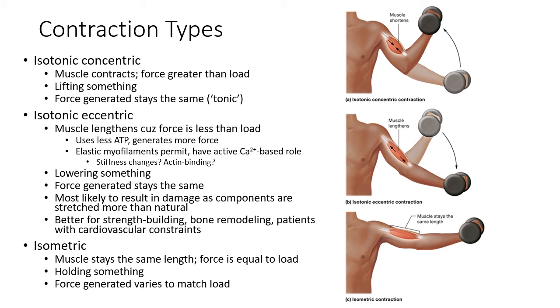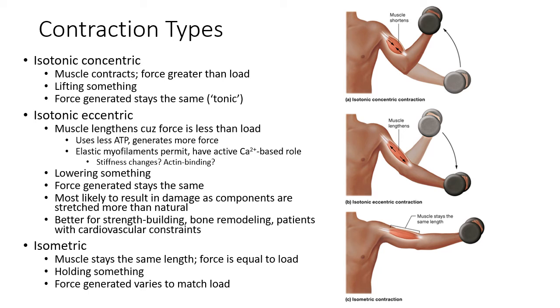And they're really not sure how force is being generated in the isotonic eccentric contractions, but it seems that it's relying on the elastic myofilaments in some way. So we used to think that they're just for structure, just holding the myofibrils together, but now it seems like they have a role to play in contraction in the isotonic eccentric contractions. What it is, we don't know exactly.